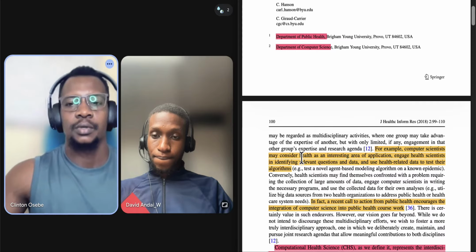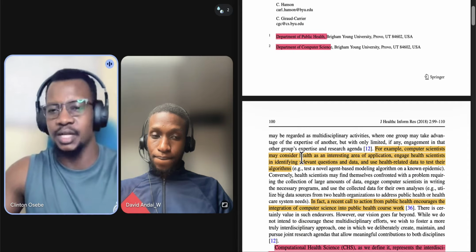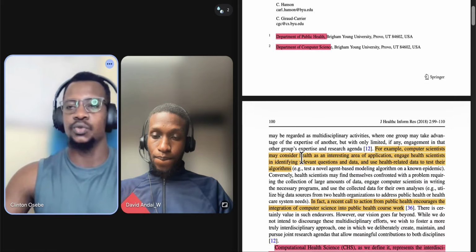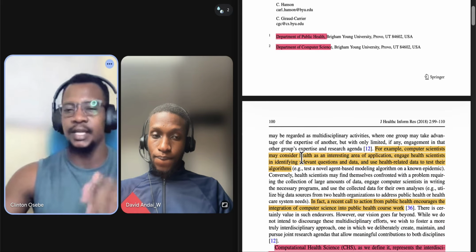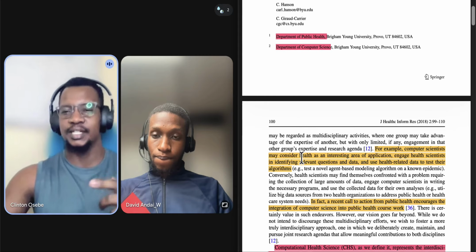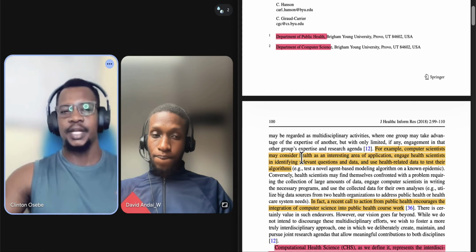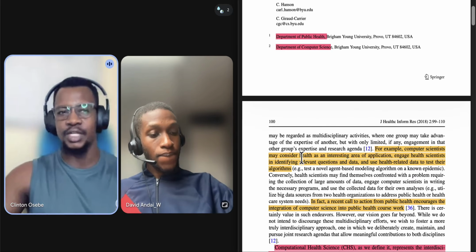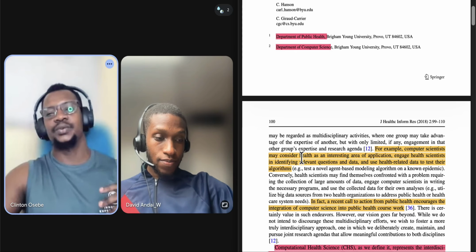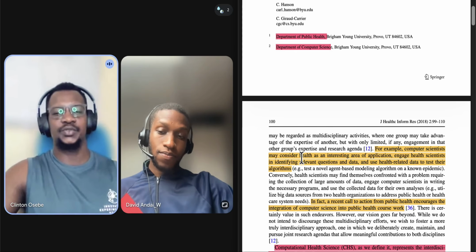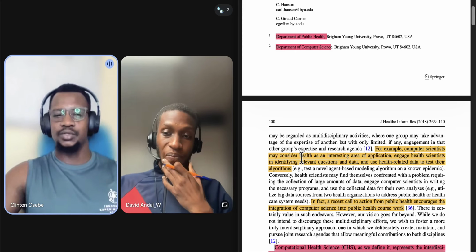So the computational bit comes in here. You can get real world and real time insights from data that is being generated every second, right? Then we also have social network analysis and agent-based modeling. These are just some of the opportunities I'm shooting off the top of my head that we get when we merge these two fields together.